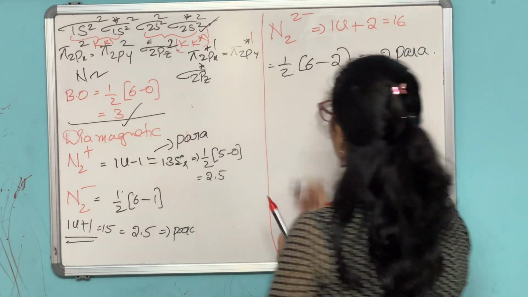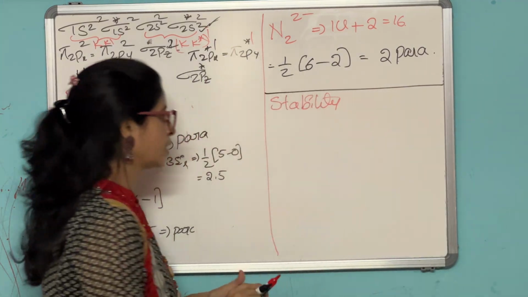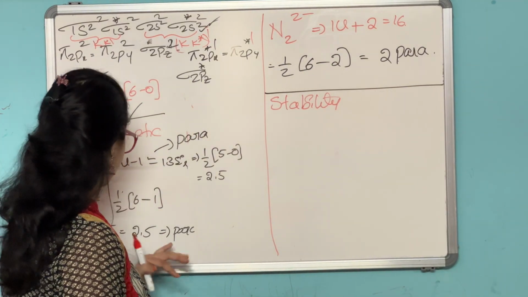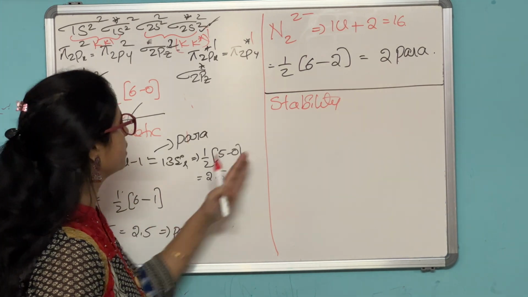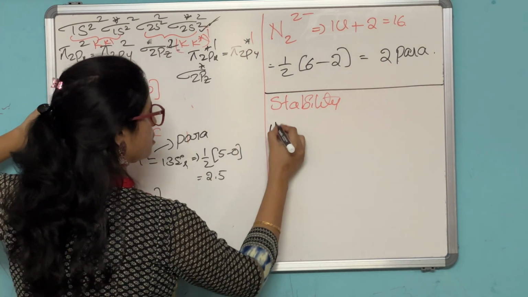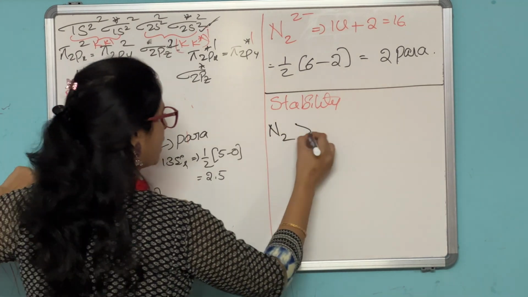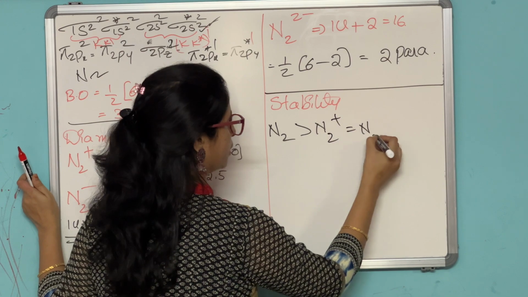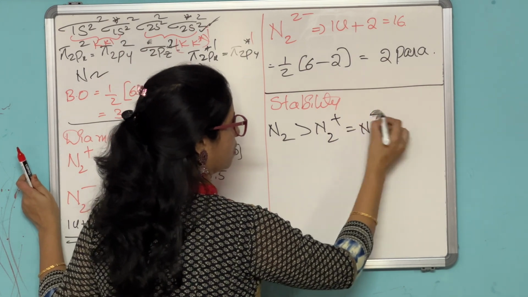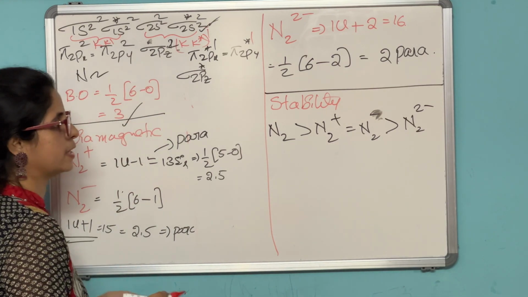Now you write down the stability order. Compare the stabilities of these species. First comes nitrogen with a bond order of 3. Next comes N2 plus, which is equal to N2 minus. After that N2 2 minus. This is the stability order.